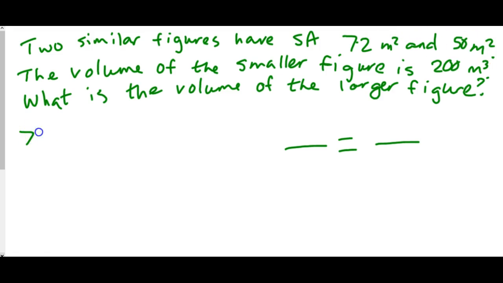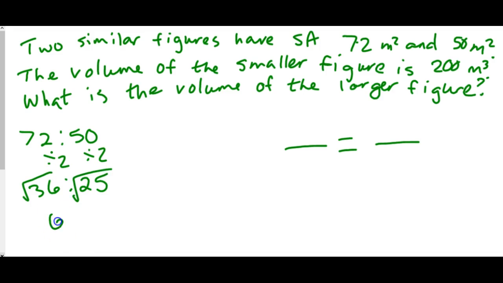So first we're going to change these from surface area ratios to volume. We have to reduce first. Both of these divide by 2. This is surface area currently, so we have to take the square root. And then to get it to volume, we have to raise it to the third power.